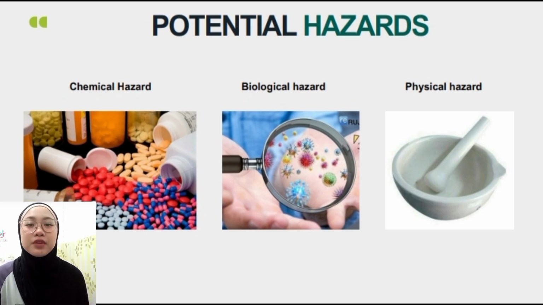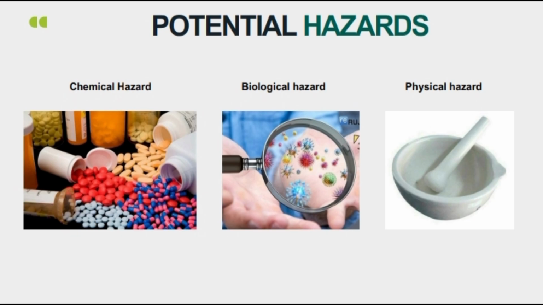Okay, before we start drug compounding, we must identify the potential hazard. Here are several potential hazards that may occur during drug compounding. The first is chemical hazard. This hazard can come from exposure to drug powder that may be inhaled during the compounding process, which can cause irritation to the respiratory tract and the eyes.